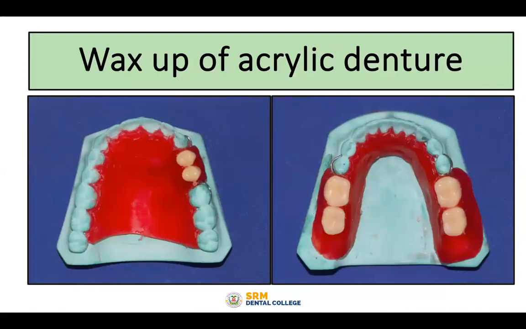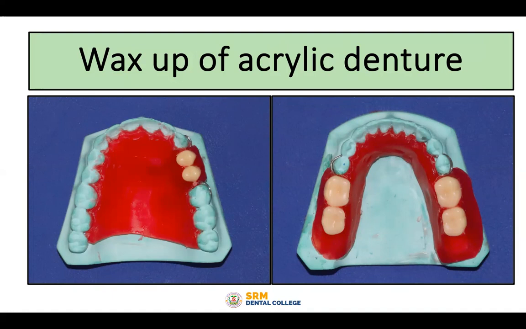Once the clasp is made, and in the clinical situation, the denture has been tried and checked for comfort and aesthetics. On satisfactory evaluation, the dentures are de-articulated from the cast and then waxed up.